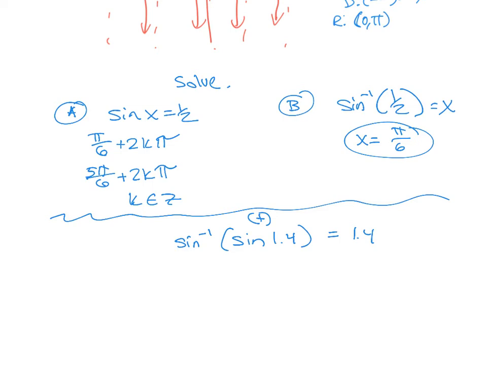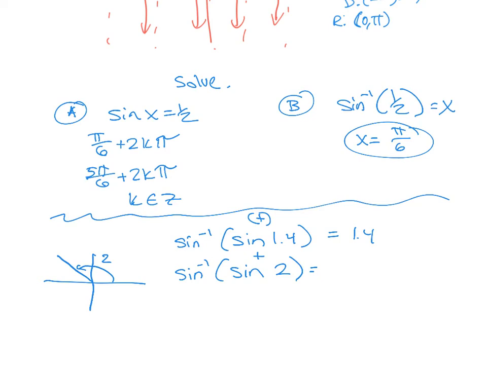Now, compare that, however, to something like this. Inverse sine of, let's say, 2. Now, 2 radians is going to be in quadrant 2. So if this is 2 radians, that also will be a positive ratio. So when I take the inverse sine of a positive ratio, I should get a quadrant 1 angle.